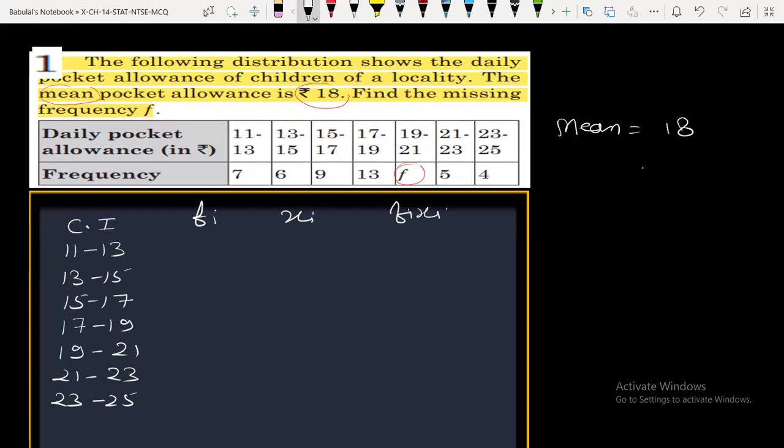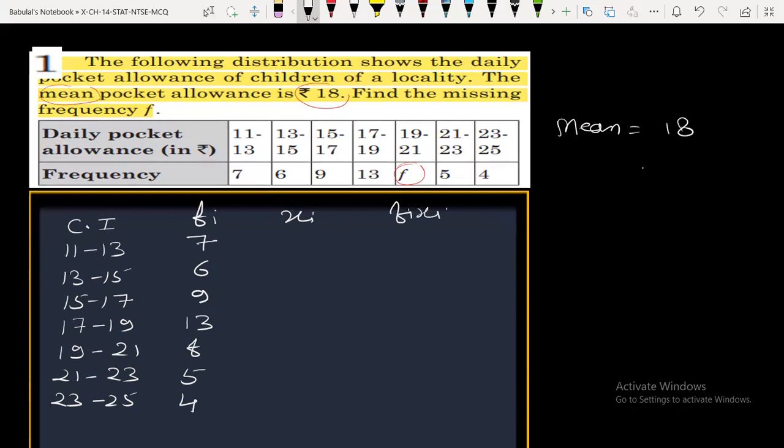Corresponding frequencies are already given, that is 7, 6, 9, 13, f, 5 and 4.